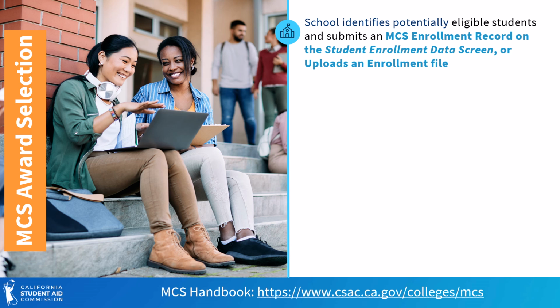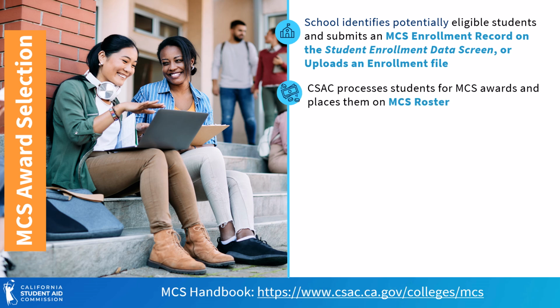And this is simply because the existing web grant system was never designed to offer university-specific awards, such as MCS or E2, to students attending a community college. So to give your students MCS consideration, BDP campuses will need to notify CSAC of all potentially eligible students enrolled in that program. So let's review that process.